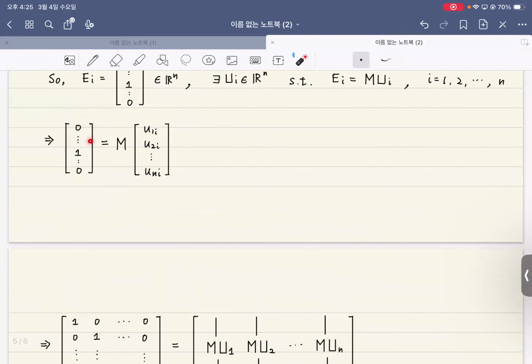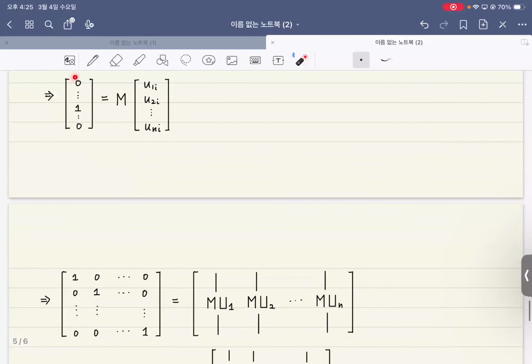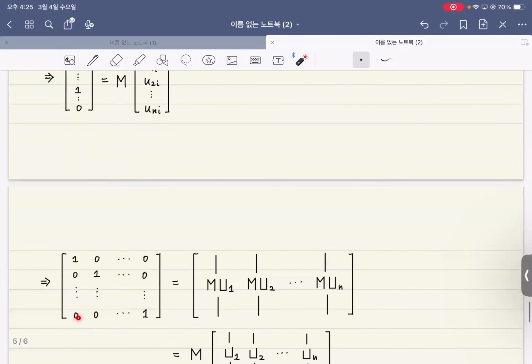If I put them in this order, just look at these column vectors. This is E1, this is E2, and this is En. And each of these standard unit vectors can be written as M times U1, M times U2, up to M times Un.